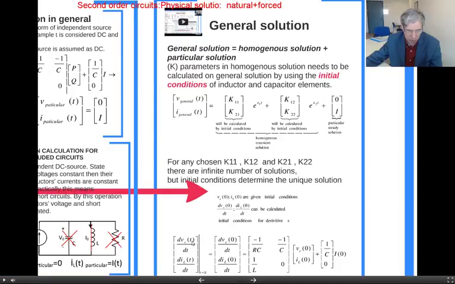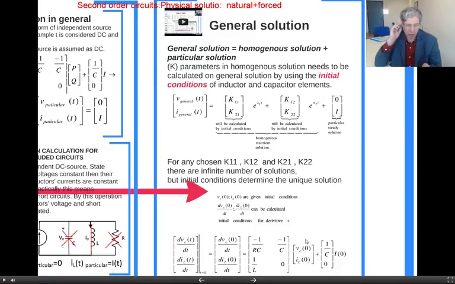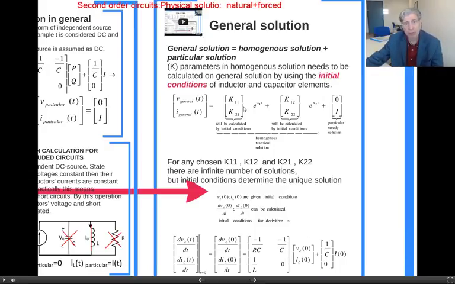So state variables, derivatives is this, initial condition is this. We can calculate this initial condition by using the given initial condition. So altogether the number of initial conditions that we're going to have is 4, and we've got 4 parameters here. We're going to calculate these parameters by using these initial conditions.